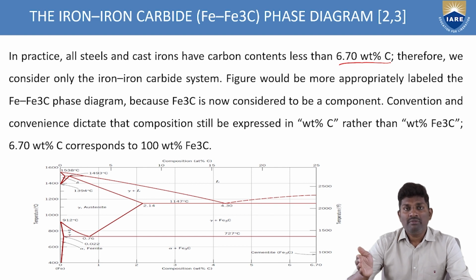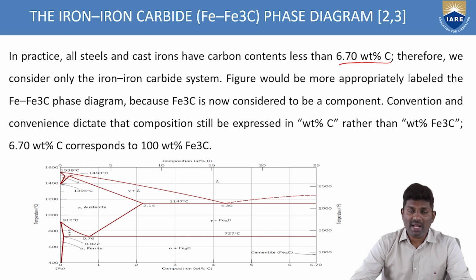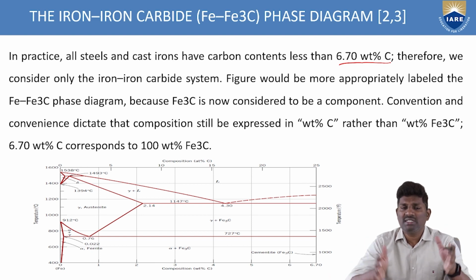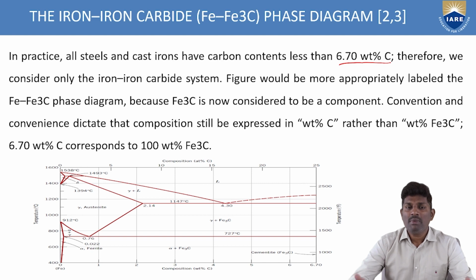Therefore, we considered only the iron carbide system here. Since the carbon composition is very low, up to 6.70 only, that's why we are restricting our iron carbide phase diagram up to 6.70 only.